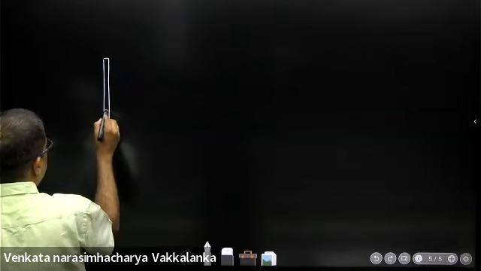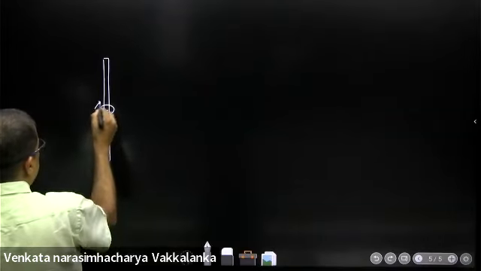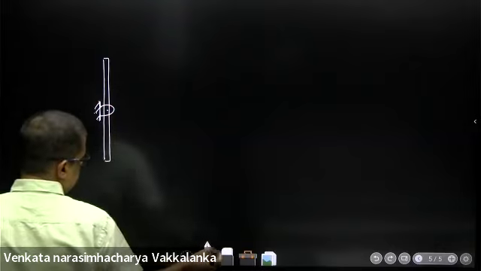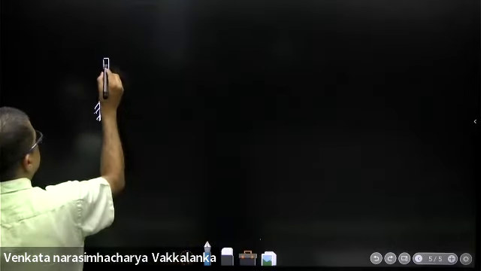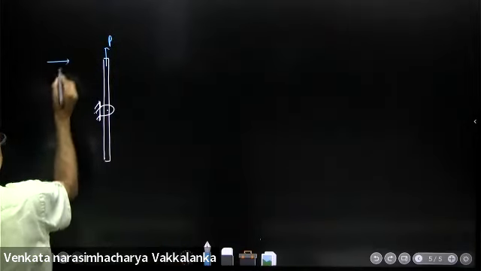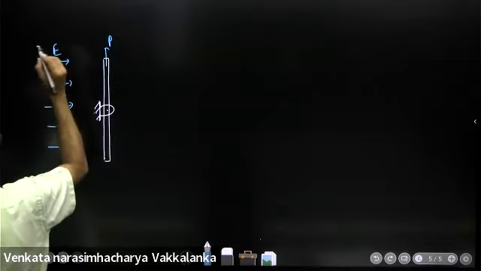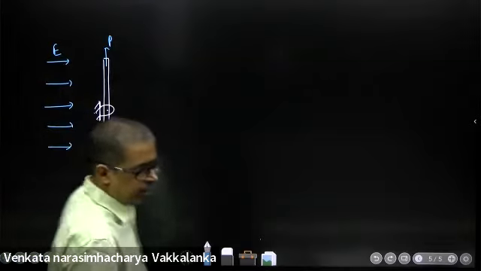This is a thin rod which is fixed about the center. You have fixed a dipole of dipole moment here and switched on an electric field of electric field strength.